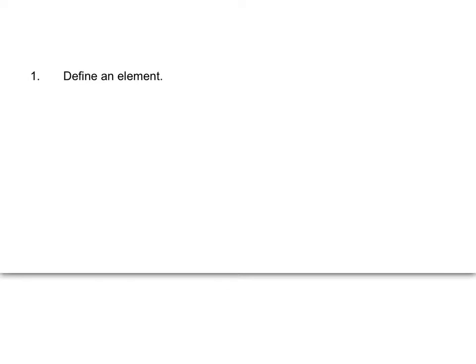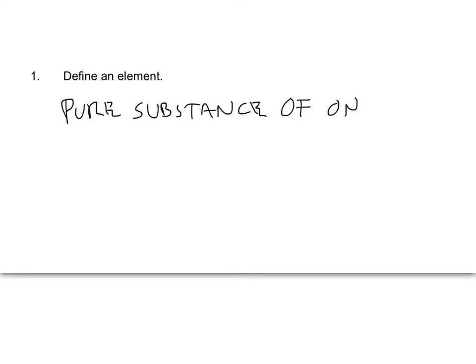Define an element. An element is a pure substance made of only one type of atom that cannot be separated by normal chemical or physical means. Pure substance of only one atom. Now that doesn't mean it doesn't have molecules, because some elements combine into what are called diatomic molecules, like oxygen and hydrogen and chlorine.